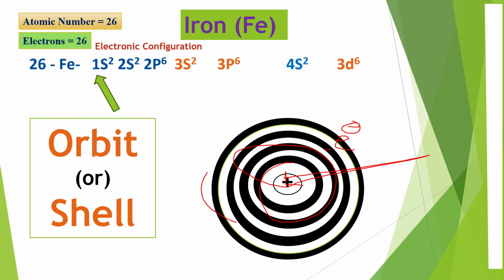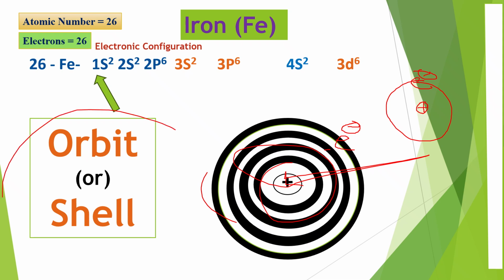Orbit contains electrons, and the center contains neutrons and protons. Electrons revolve around the nucleus in a closed and fixed circular path. Generally, only electrons will take part in chemical bond formation, not protons and neutrons.